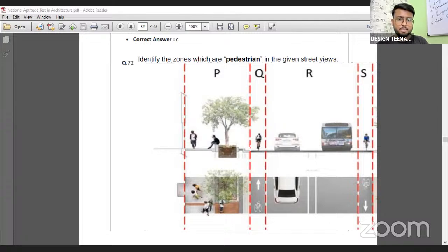Over here, we have this spot where the section is even shown, like where the tree is stuck, something below the ground, and there are lines drawn also. So I will consider it as a section, though it might be an elevation also. From this section, this plan has been derived.